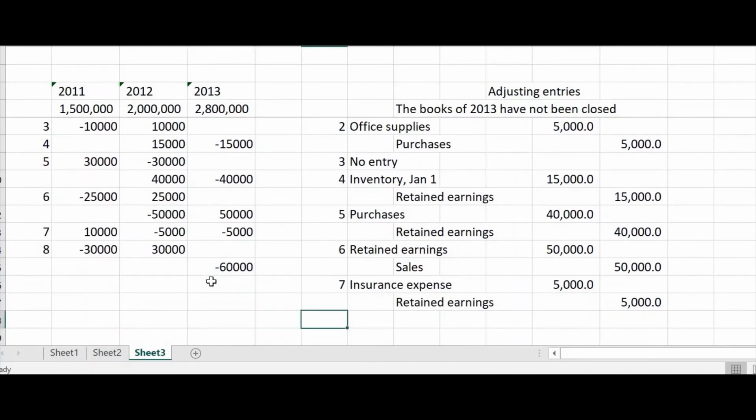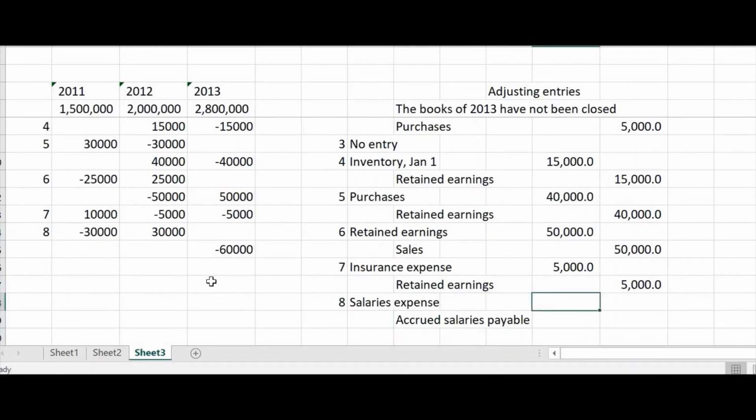So, yung adjusting entry mo dyan, of course, is to debit salaries expense, then credit accrued salaries payable for 60,000.